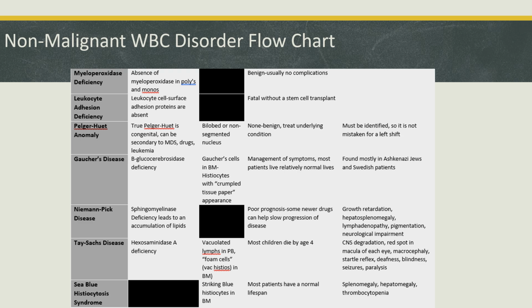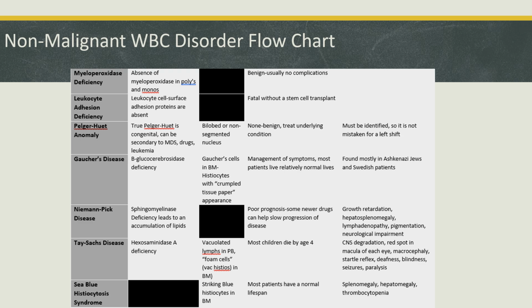Most of these patients live a relatively normal life, and if there are symptoms associated with this Gaucher's disease, then we just kind of manage those symptoms. And then, of course, this is found pretty often in Ashkenazi Jews and Swedish populations. So there is a definite genetic component to it.